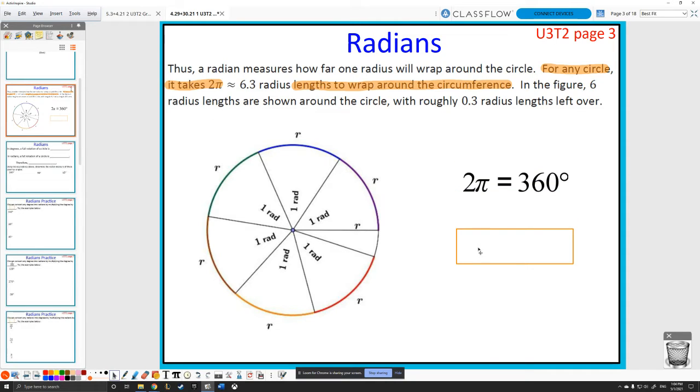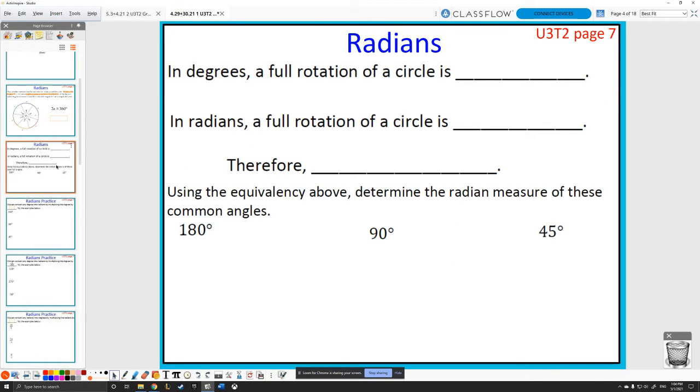And so we know that 2 pi as a unit of measure for angles is the same thing as 360 degrees. So I'm just going to rewrite this here: in a full circle, we have 360 degrees, and we have 2 pi in radians. So 2 pi is equal to 360.